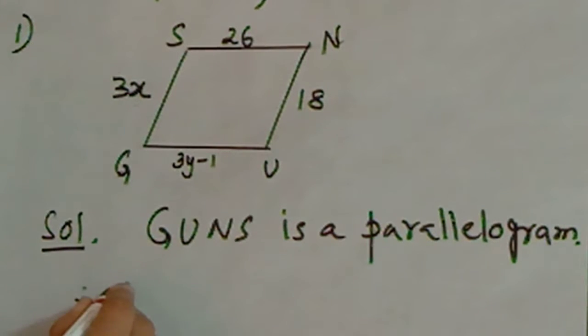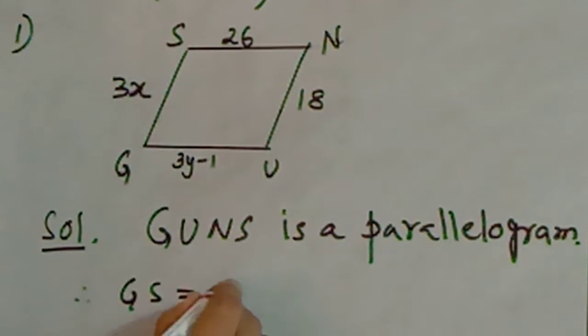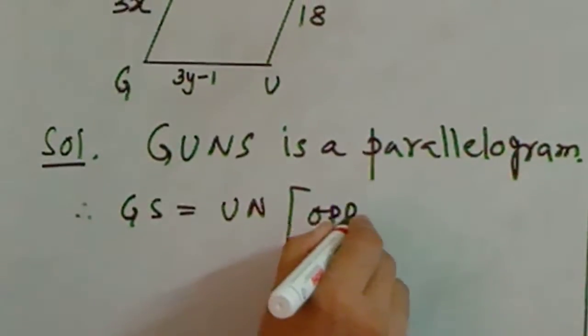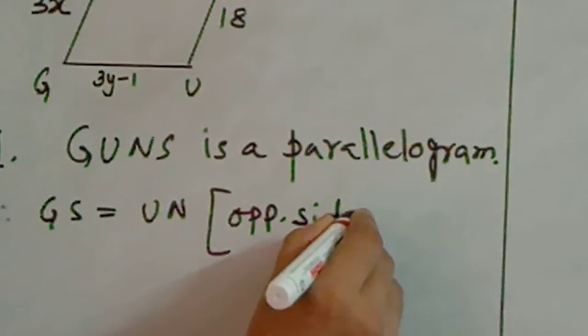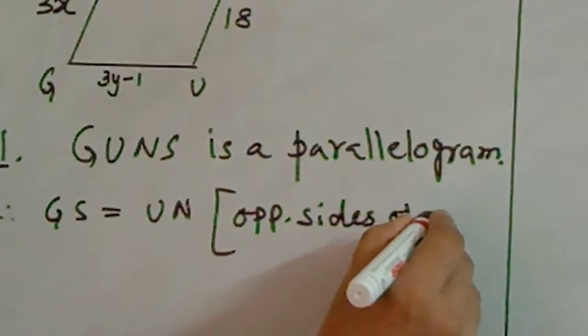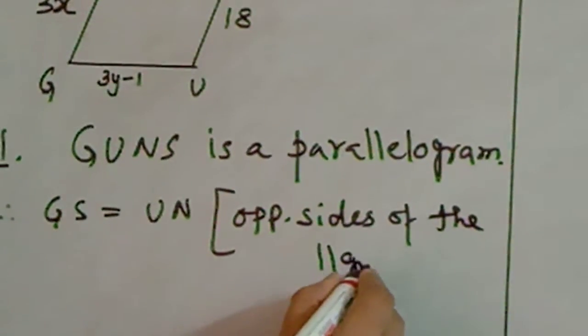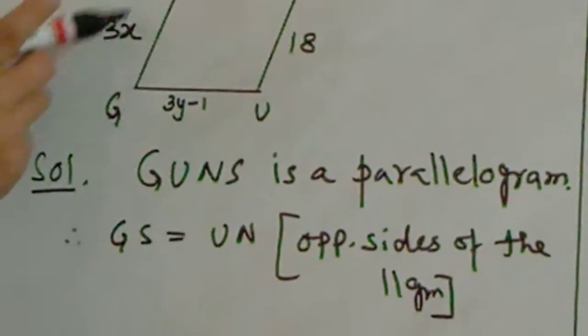Therefore, GS is equal to UN, reason: opposite sides of the parallelogram are always equal.